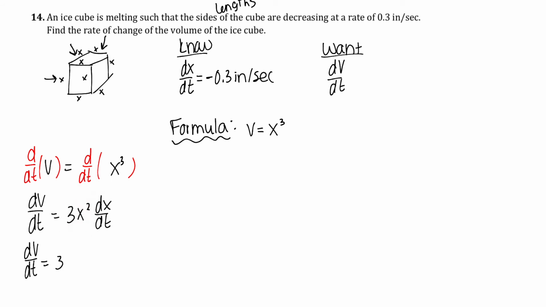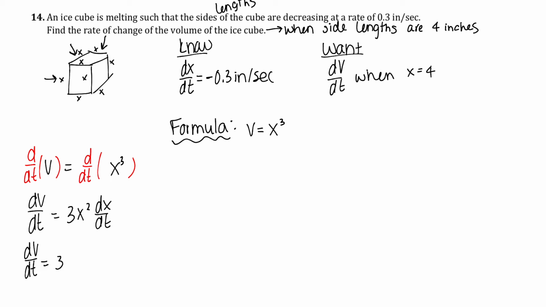So this problem was actually missing a sentence saying that this happens when the side lengths are 4 inches long. So when x is equal to 4. I'm editing that on the review right now, and I will save and upload that.